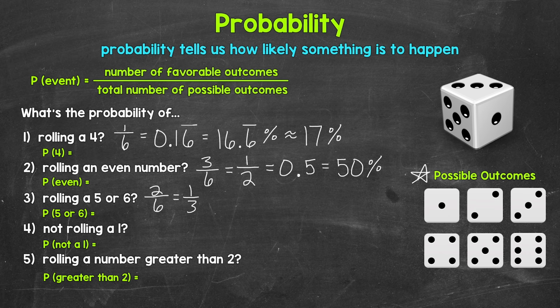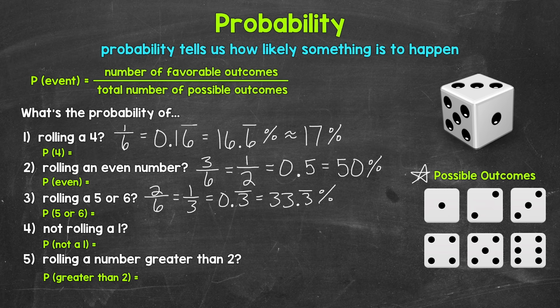Now let's convert this to a decimal. And our decimal here is going to be 0.3 repeating. So this is another repeating decimal. Let's convert this to a percent. We have 33.3 repeating percent.